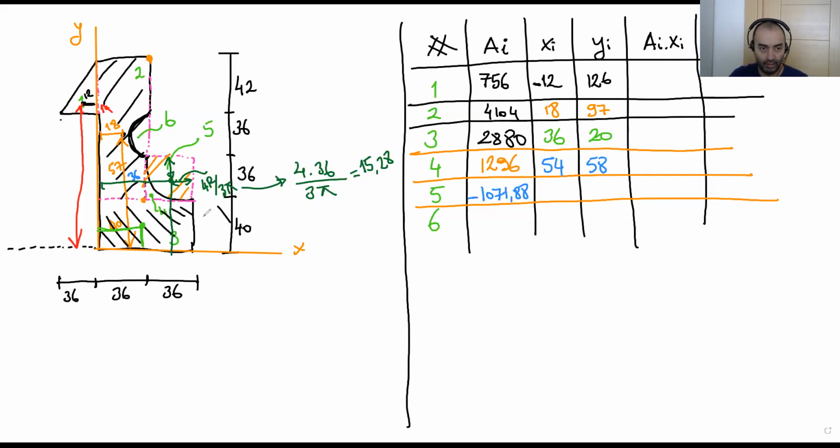Okay. And what is the total height here from this point to this point? 76 minus 15.28 gives us 60.72.